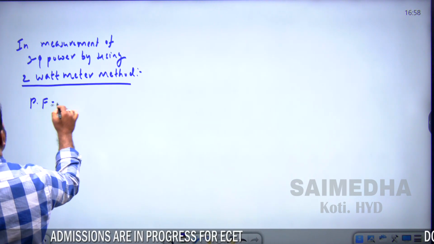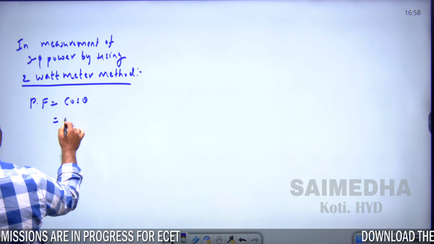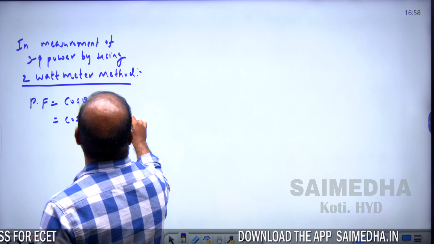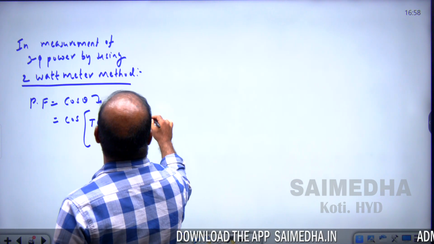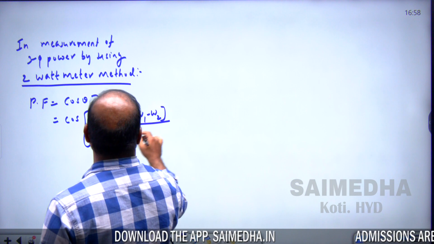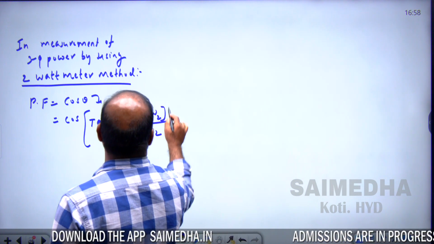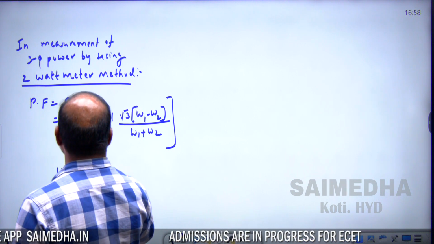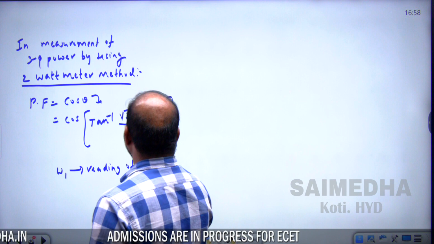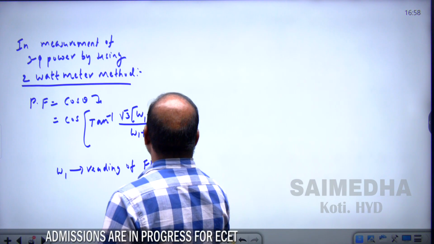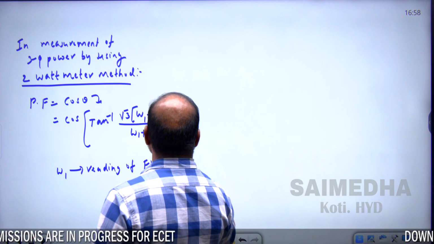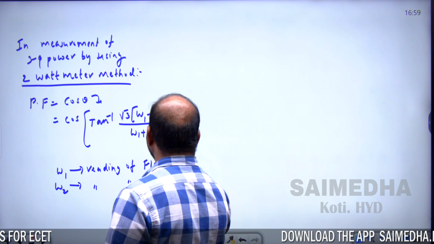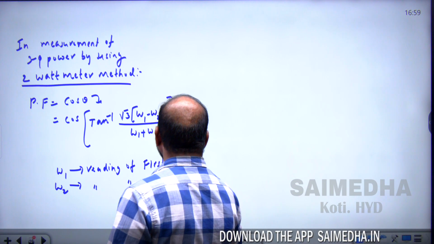Power factor is equal to cos theta, where theta is tan inverse of root 3 into (W1 minus W2) divided by (W1 plus W2). Here W1 is the reading of the first wattmeter, and W2 is the reading of the second wattmeter.